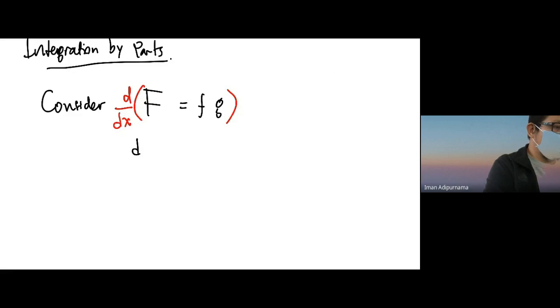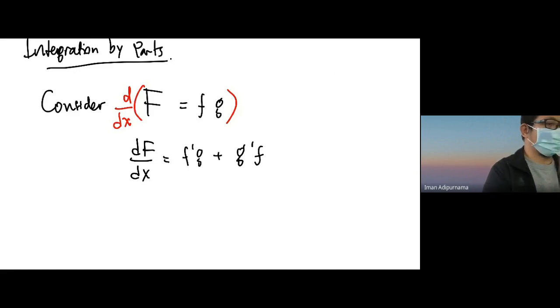So you have d/dx of fg. This becomes f prime g plus g prime f, right?